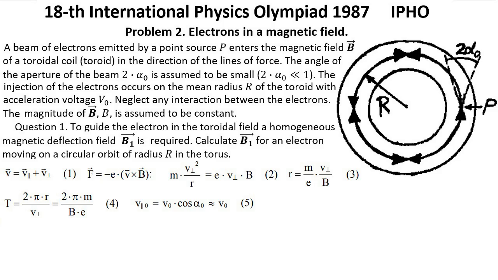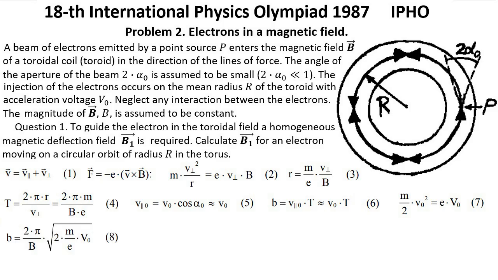Because of α0 much less than 1, it is approximately equal for all electrons to v0. Expression 5, hence the distance b between the focusing points. Using equation 5, in formula 6, b is approximately equal v0 T. From the law of conservation of energy follows the relation between the acceleration voltage V0 and the velocity v0, equation 7.